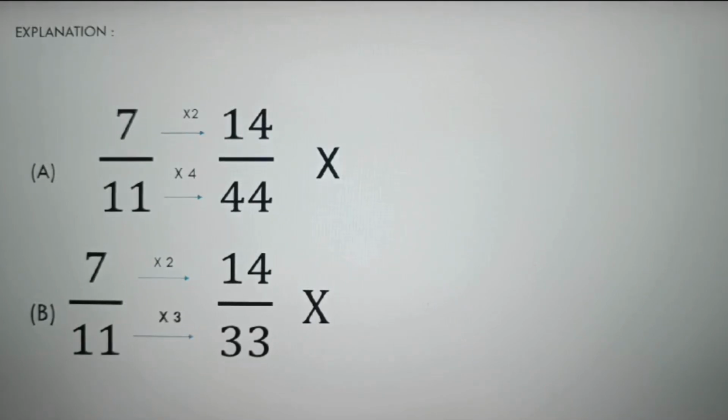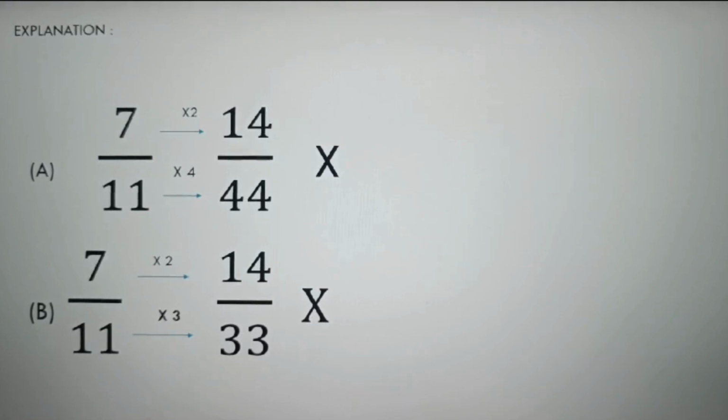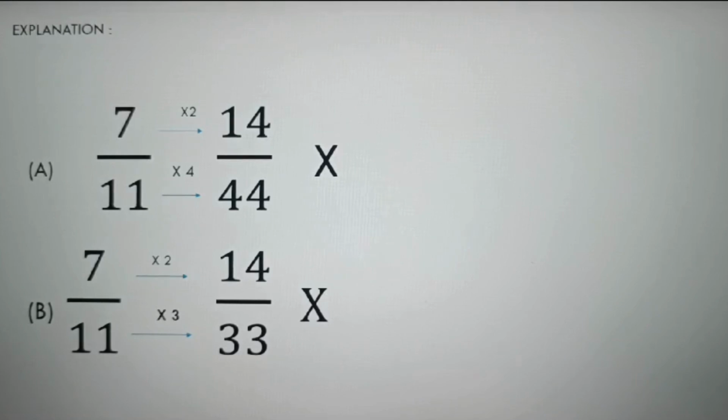For option A, 14 by 44, if we compare this fraction with 7 by 11, the numerator 7 is increased 2 times, whereas the denominator is increased 4 times. So the increase is not the same, and 14 by 44 is not equal to 7 by 11.